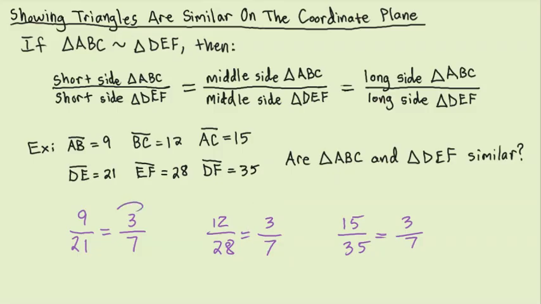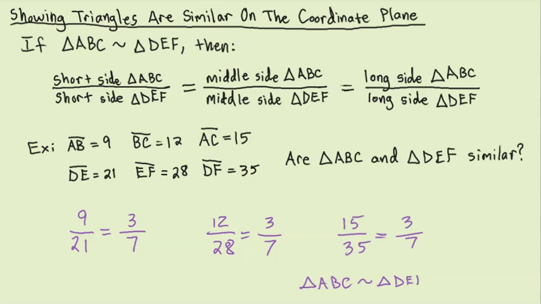So all three of them, we come up with 3/7. So it's true that the short side fraction is equal to the middle side fraction, and it's equal to the long side fraction. And therefore, that means that triangle ABC is indeed similar to triangle DEF.